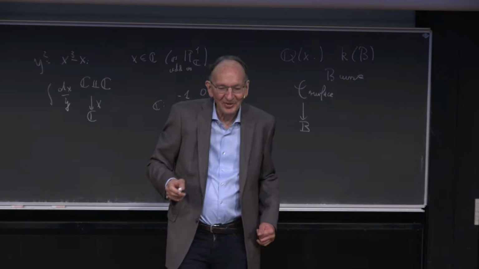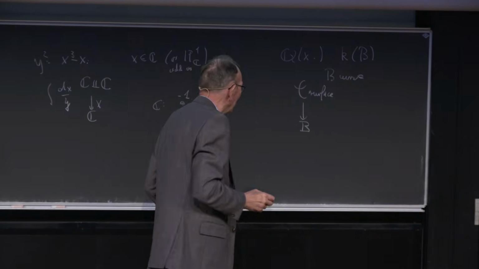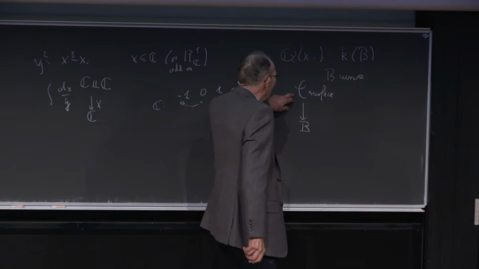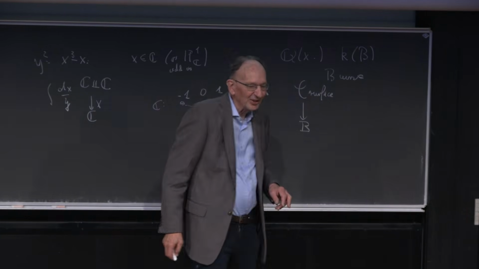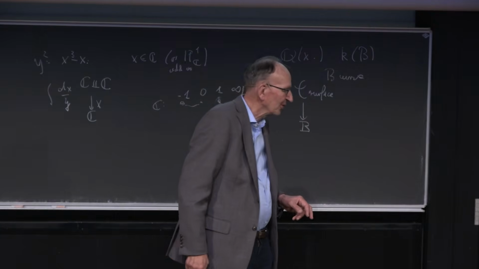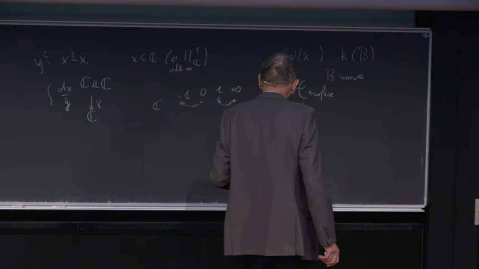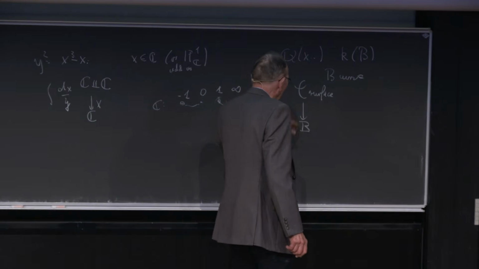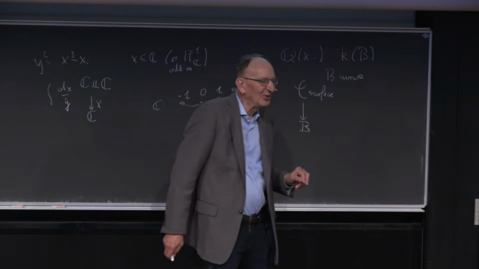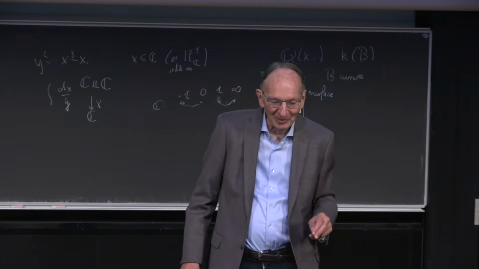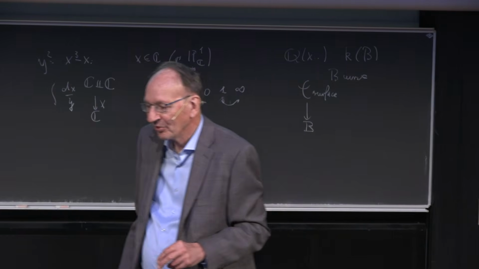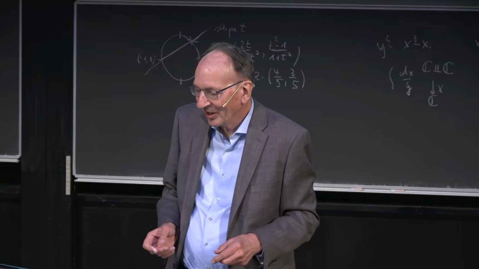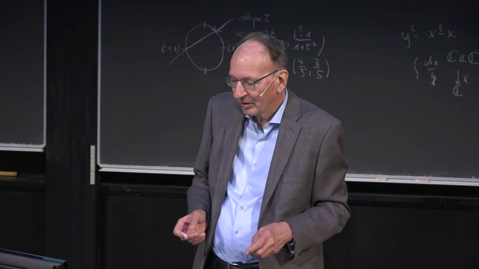You want to prove that there are only finitely many rational points, meaning that there are only finitely many sections. This cannot be true in general, because if you have a constant surface, a product of B with some curve C, then you get the constant points in C, and there can be infinitely many. So you have to exclude them; these curves are called isotrivial curves.